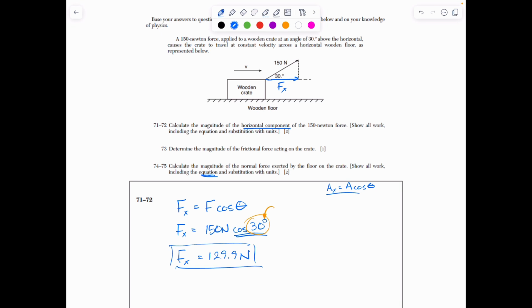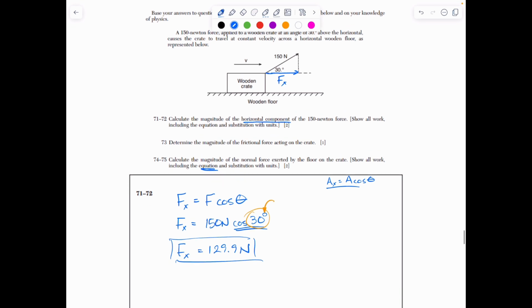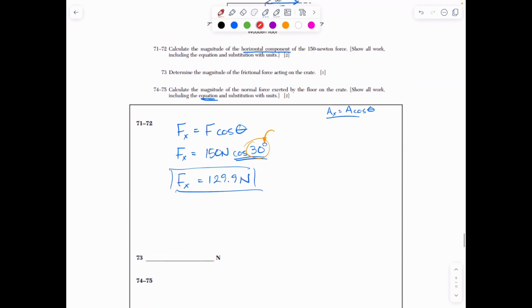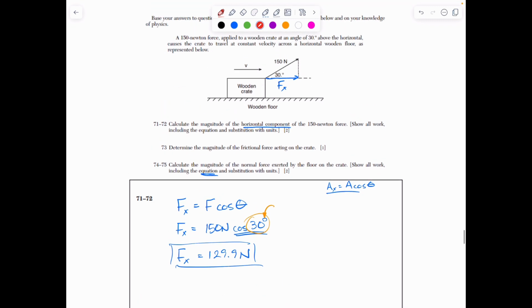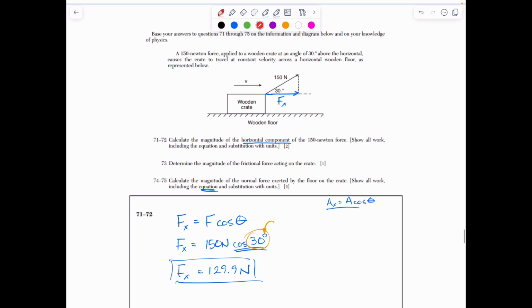Determine the magnitude of the frictional force acting on the crate. Now, most people, when they see frictional force, jump straight to the friction formula. Friction is mu Fn. And then, okay, we've got a wood crate, wood floor, and we need to know the normal force.